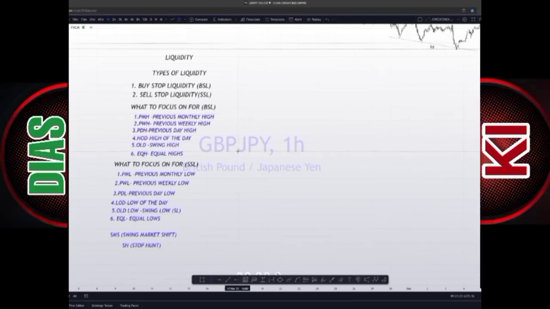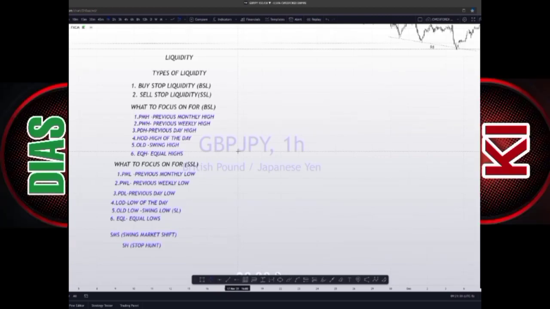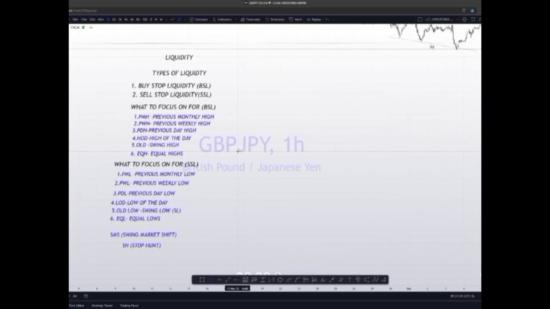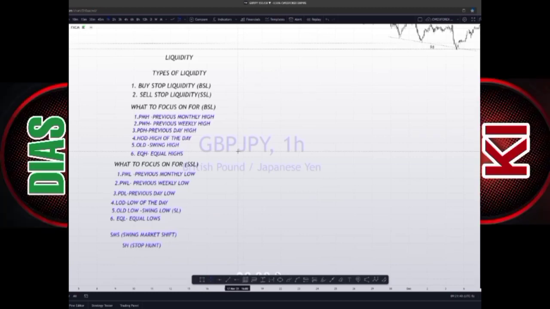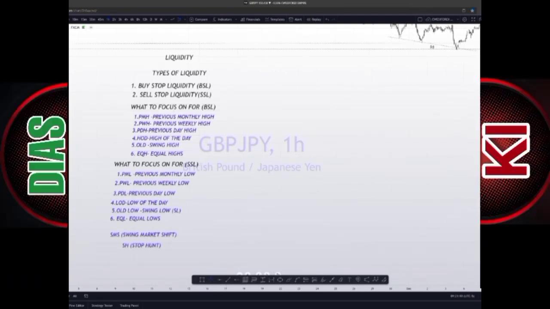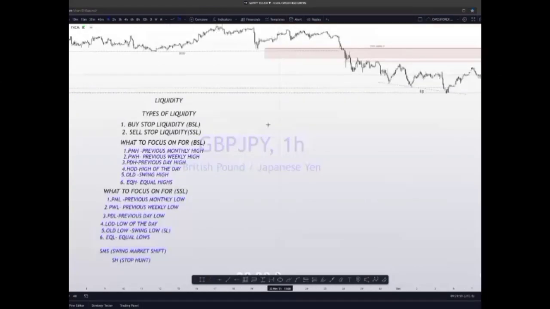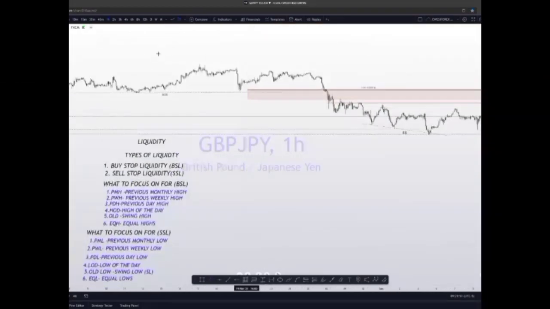It's simply because the banks trade with large volumes, and sometimes find it difficult to find the other side of their positions or their trades. So they manipulate the price so that they can find their positions in the market. Right, so right now you can move to the chart.